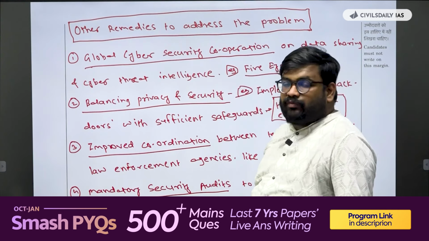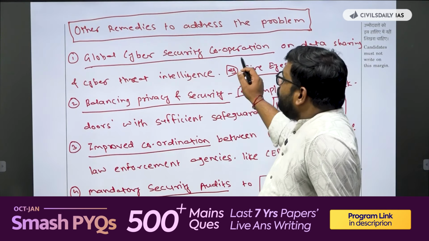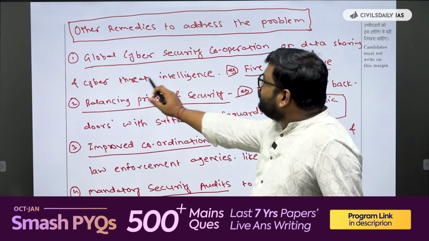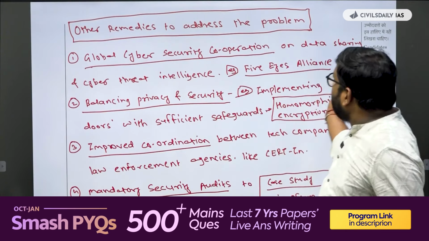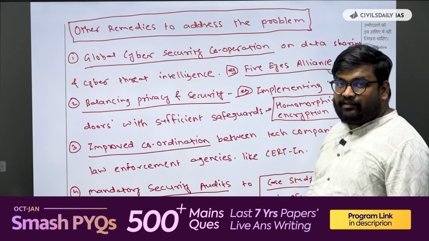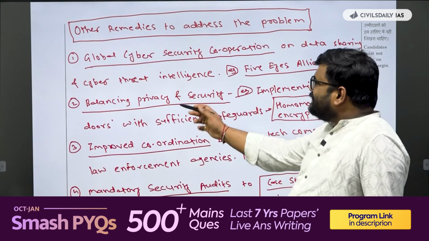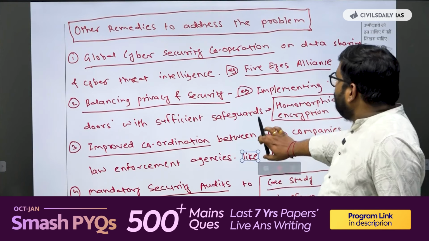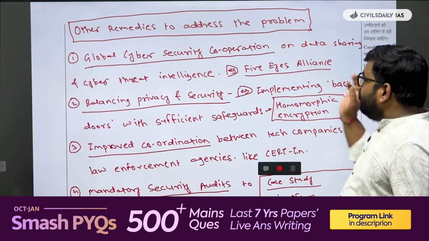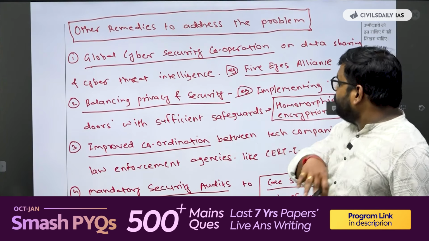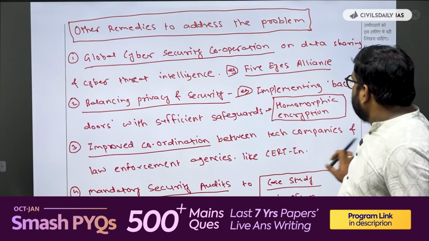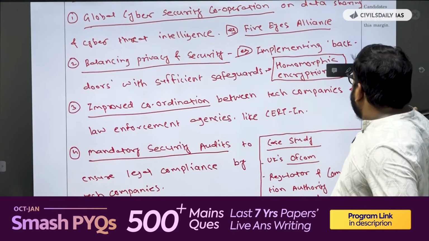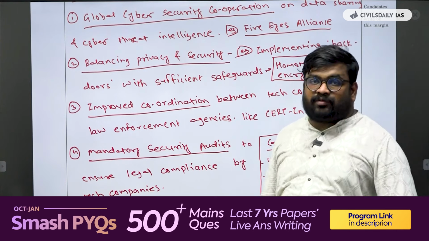With respect to the way forward, at global level, global cybersecurity cooperation on data sharing and cyber threat intelligence. For example, the 5 Eyes Alliance. Second, balancing privacy and security. Example, implementing backdoors with sufficient safeguards. This safeguard will be homomorphic encryption.